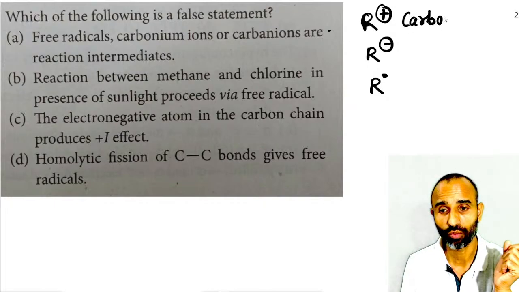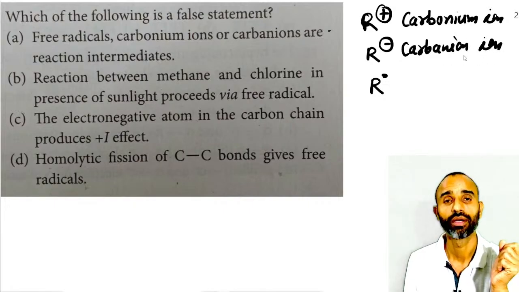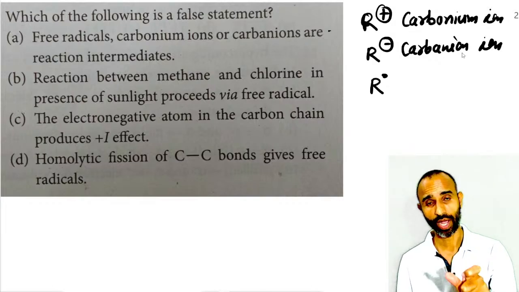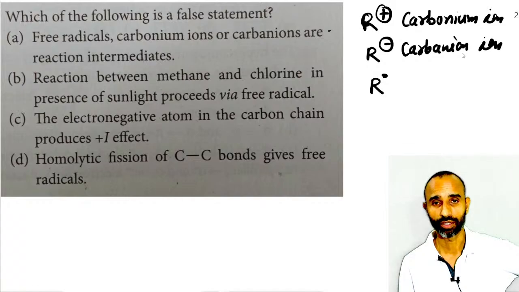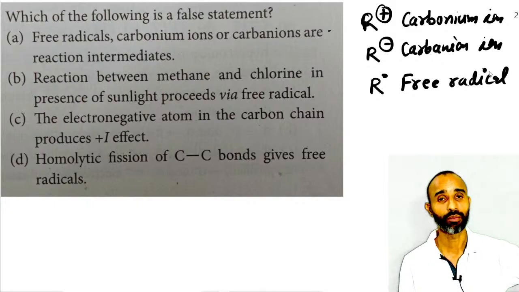Carbocation means positively charged carbon. Carbanion means any negatively charged carbon atom, and a free radical has one unpaired electron.